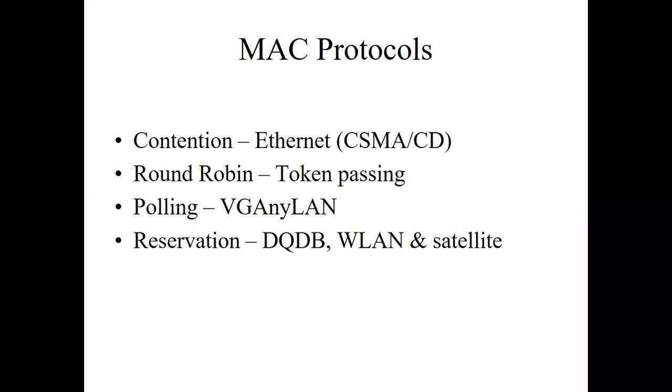Collision detection means that the stations on the network, before they send their frames, have to listen to the link to find out if that link is free or not, to avoid collision. It will detect a collision if it senses that another station is using this link. Then this particular station won't send that packet, because if both stations send packets, these frames will collide. So this technology is called carrier sense multiple access with collision detection.